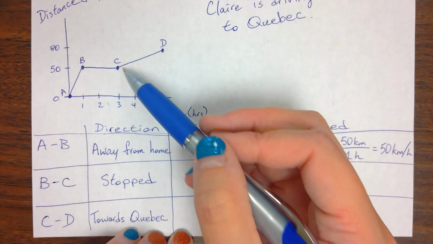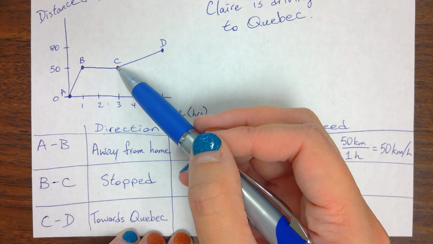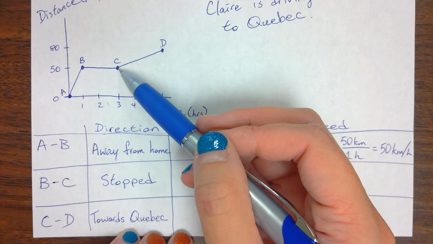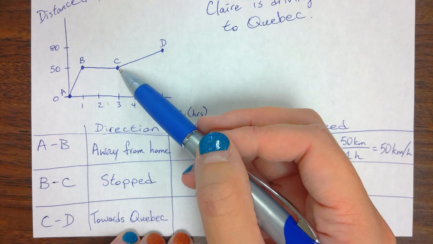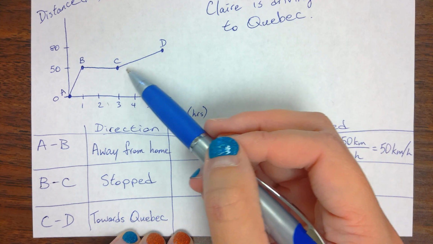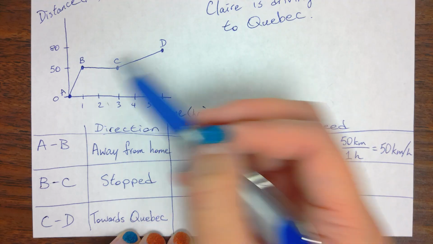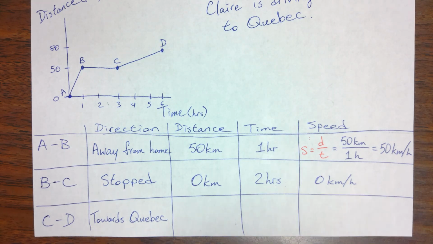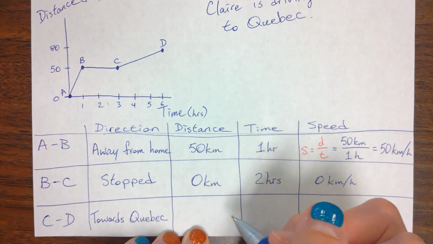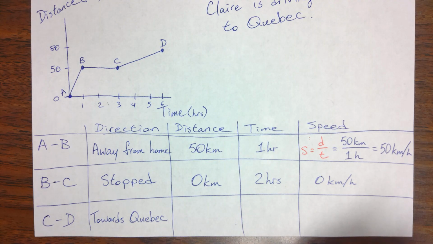Okay. How do I know she's going away from home and not going back home? Right. So your line keeps going in the same direction. So that's how I know you're not going home. You didn't forget anything. So distance wise, how far did she travel from C to D?